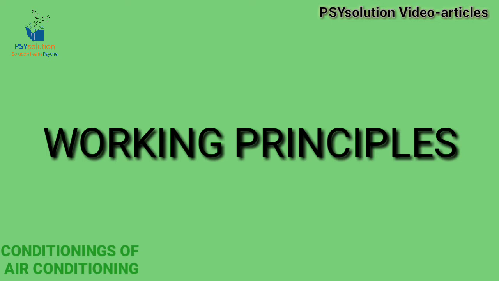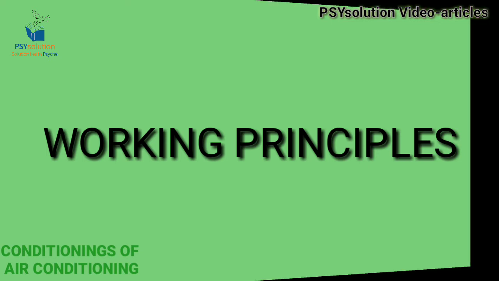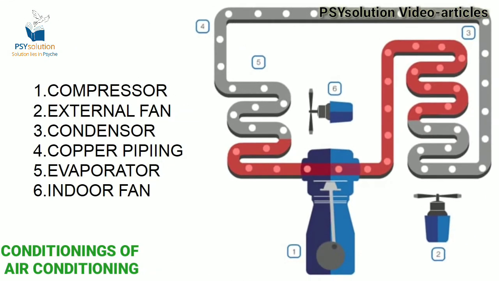Now let's understand working principles of ACs in brief. ACs modify the temperature and the humidity of the water content of the air in a closed room. Inside the AC, it is a closed loop of copper piping in which a chemical compound of hydrogen, chlorine, fluorine, carbon flows.